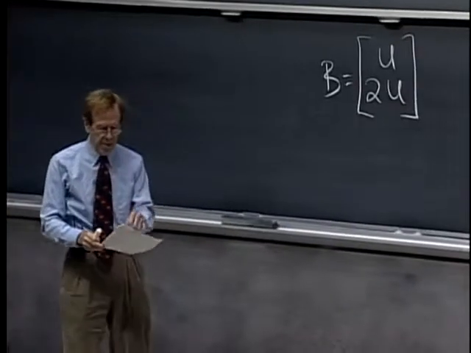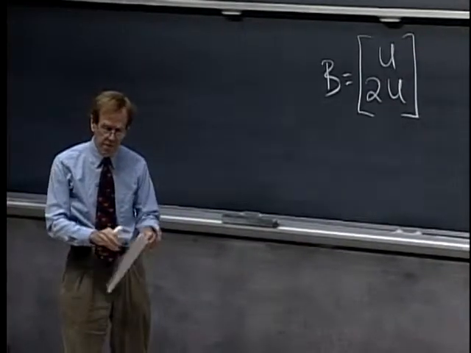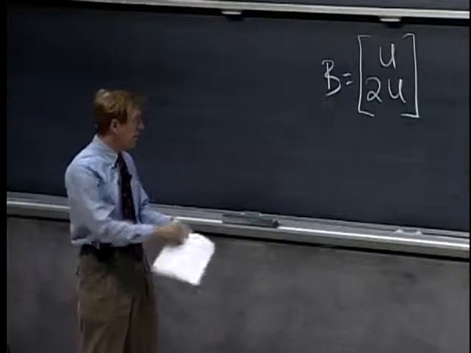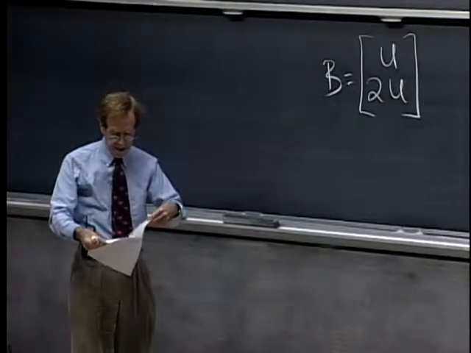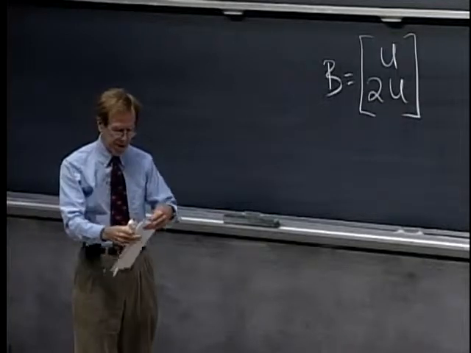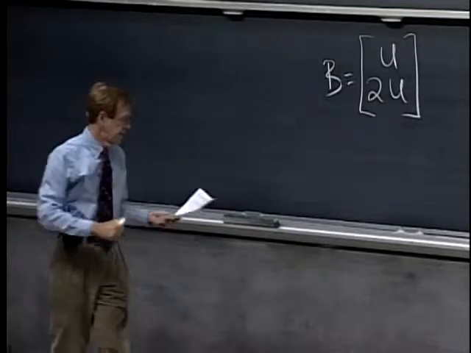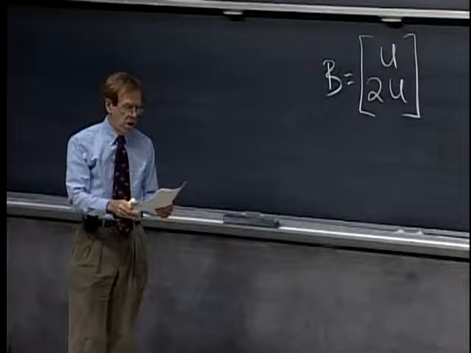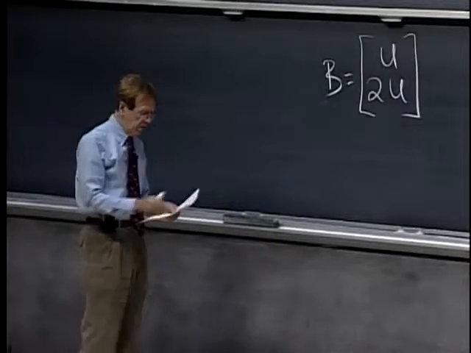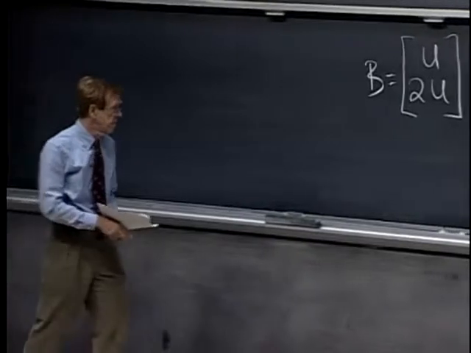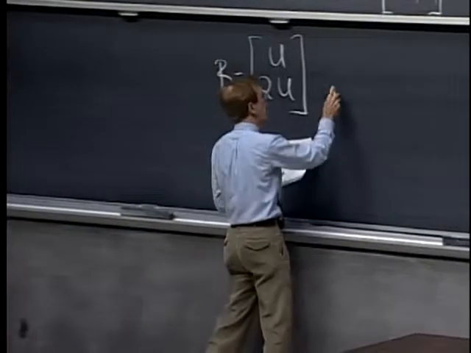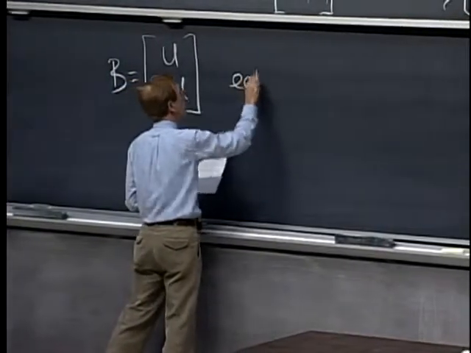Actually, I would probably be writing R here now. This exam goes back a few years when I emphasized U more than R. Now, what's the echelon form for that matrix?